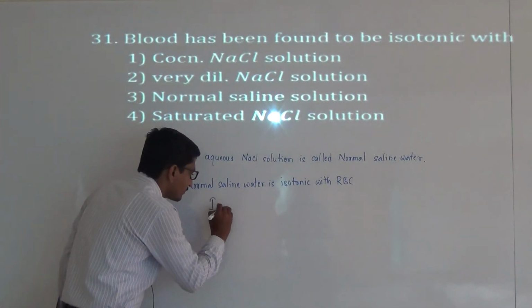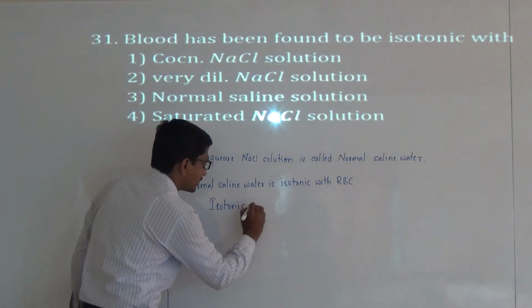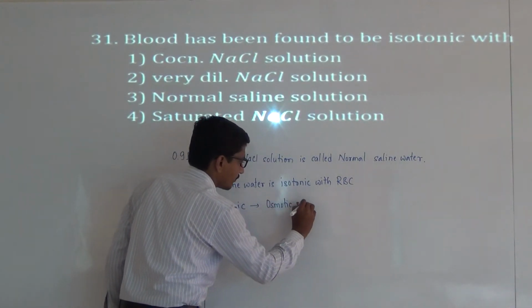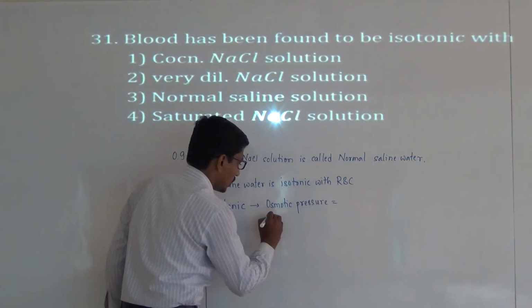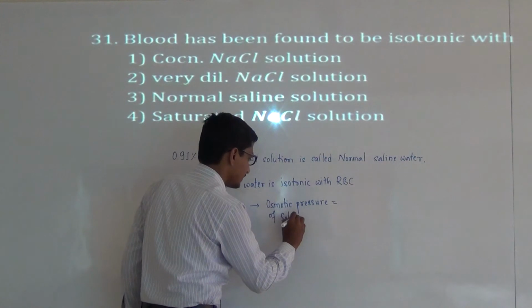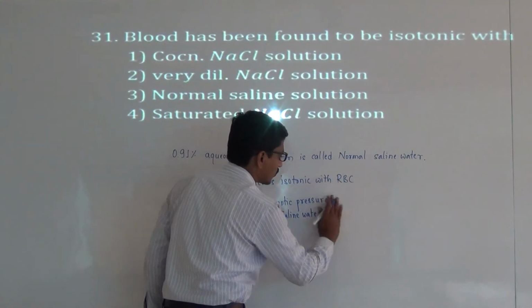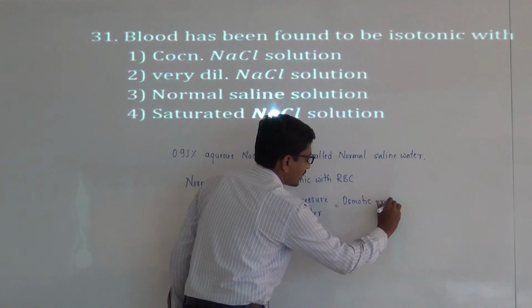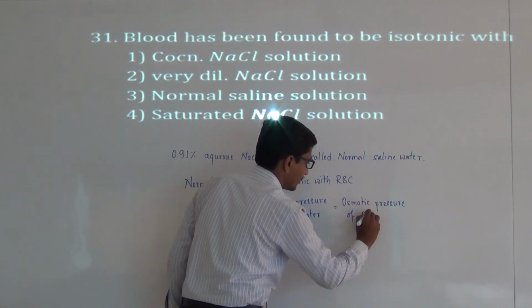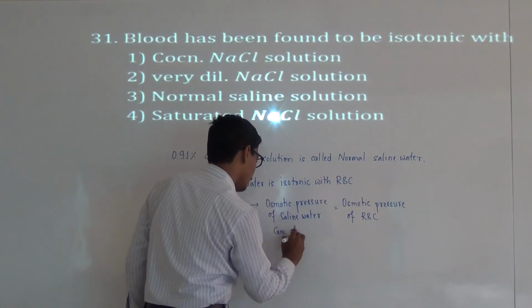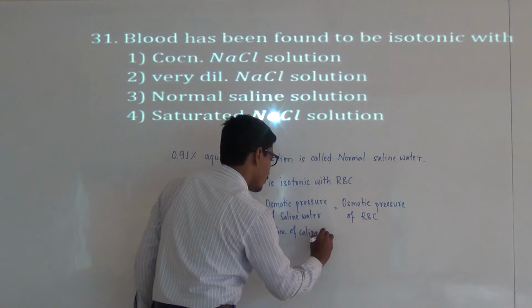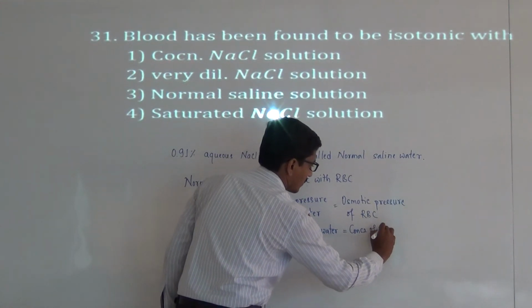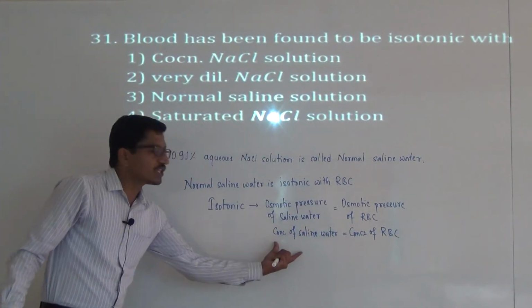Isotonic means the osmotic pressure of saline water is equal to the osmotic pressure of RBC, or the concentration of saline water is equal to the concentration of RBC. This is nothing but isotonic.